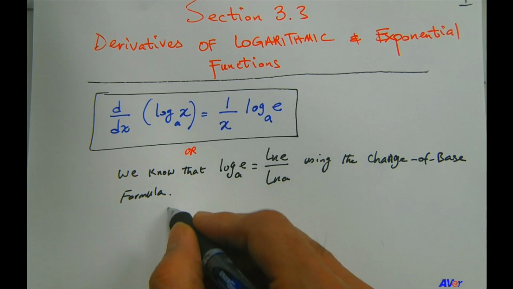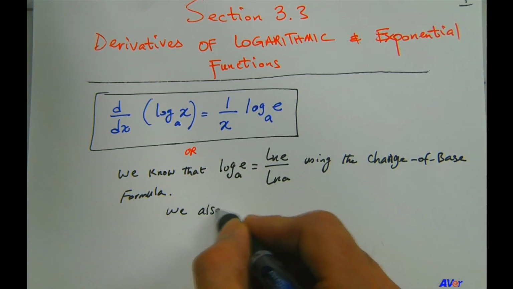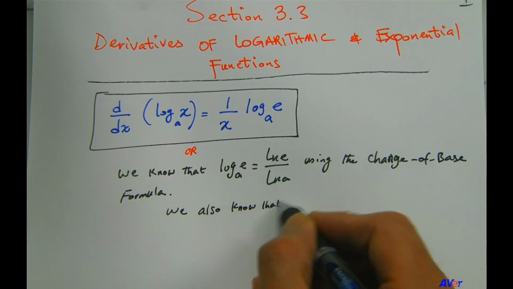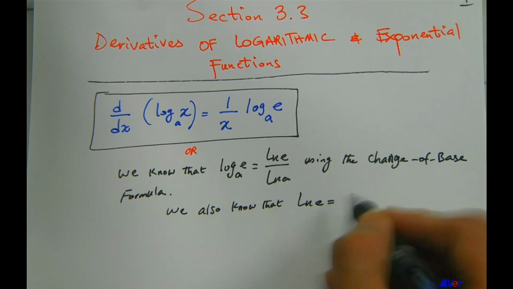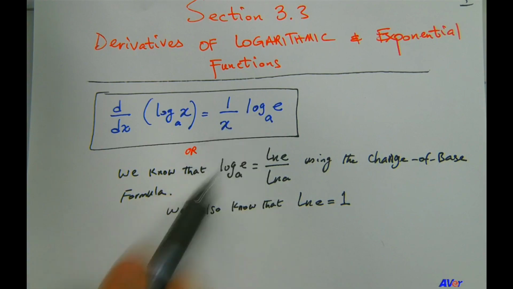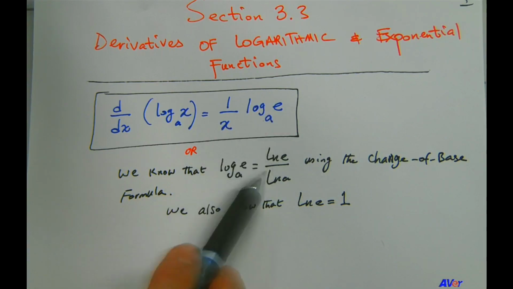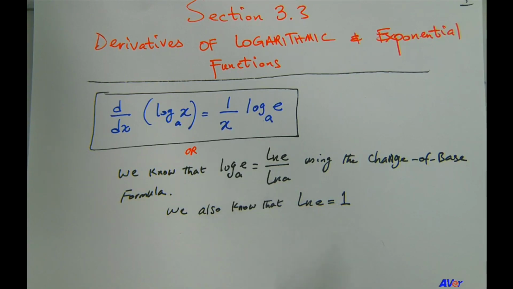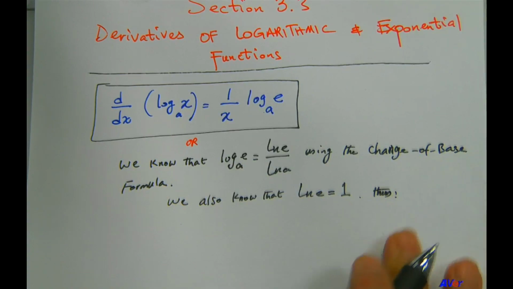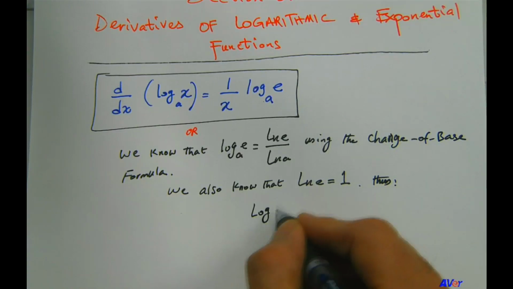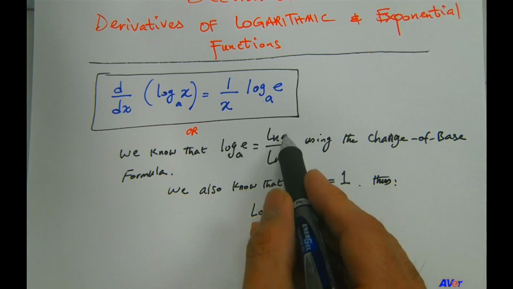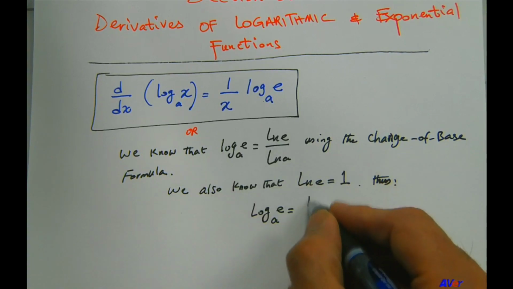So then we can replace log of e to base a with 1 over natural log of a. Thus log of e to base a is equal to 1 over natural log of a.